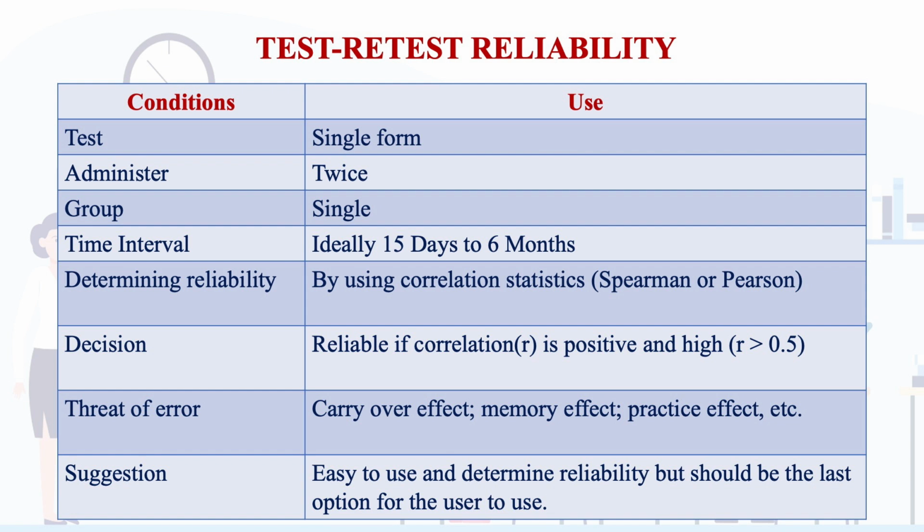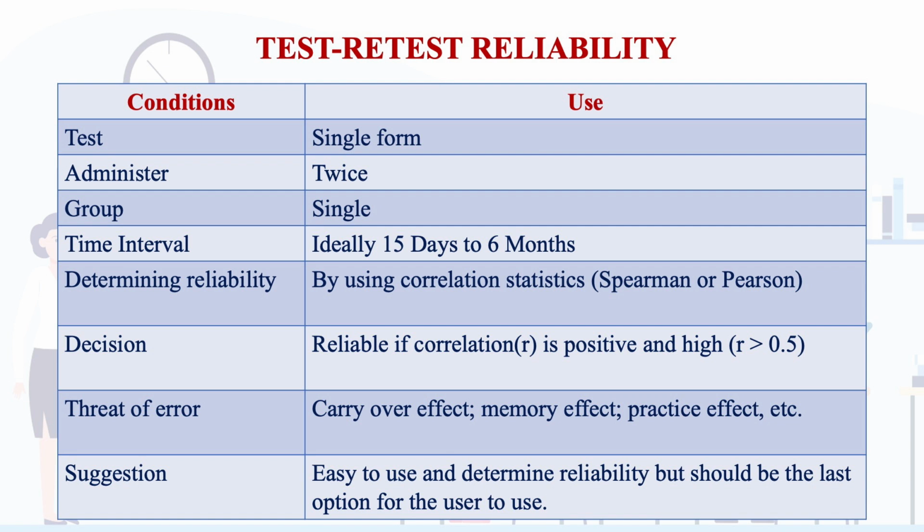That means the test will be administered first, and the same test will be re-administered again after a lapse of time, after a gap of time. So that will be the retest. That's why the very meaning of this method is that the test will be administered twice. Testing will be done twice.